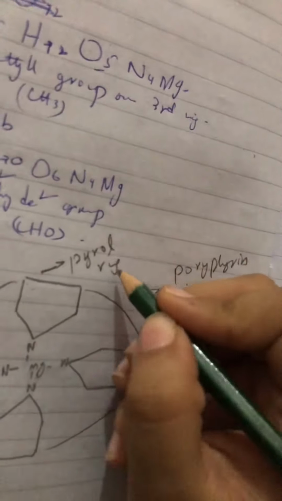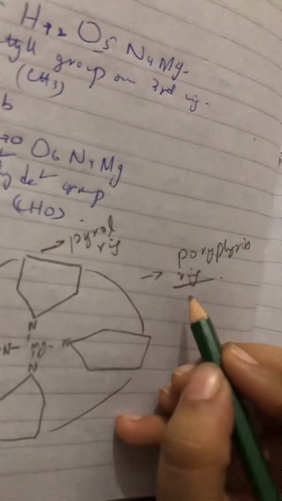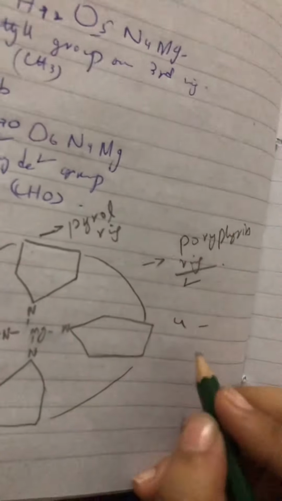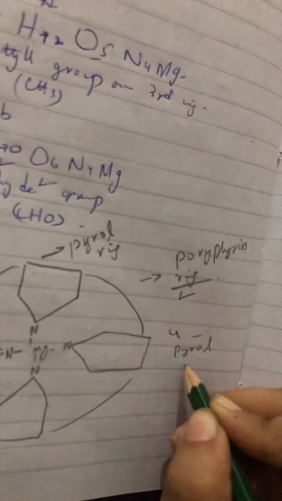This means the porphyrin ring has 4 pyrrole rings in chlorophyll. So this whole one ring is called the porphyrin ring, and it has 4 pyrrole rings, right?